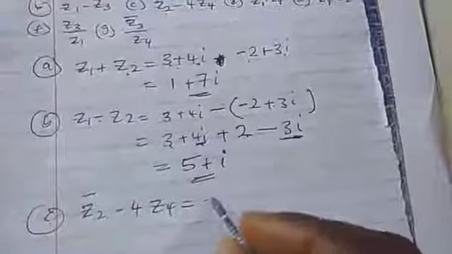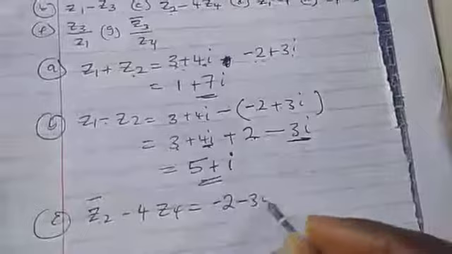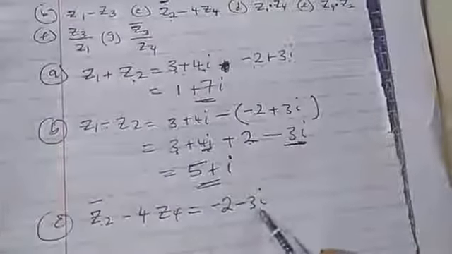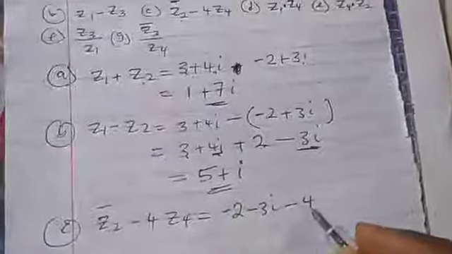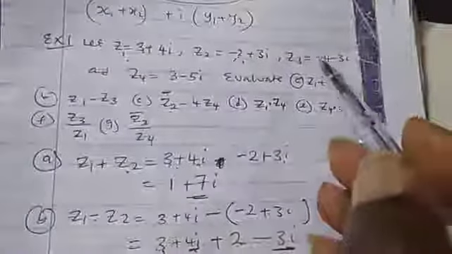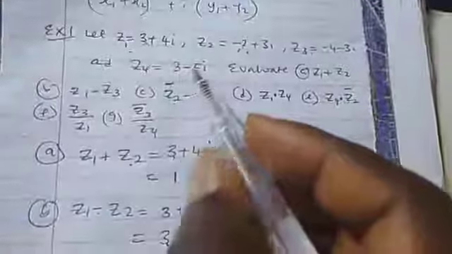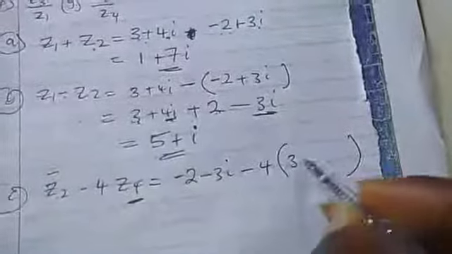So what we have there will be minus 2 minus 3i. So this is representing z2 bar, the conjugate. The minus 4, so we need to open brackets for z4. This is z4 here, 3 minus 5i.